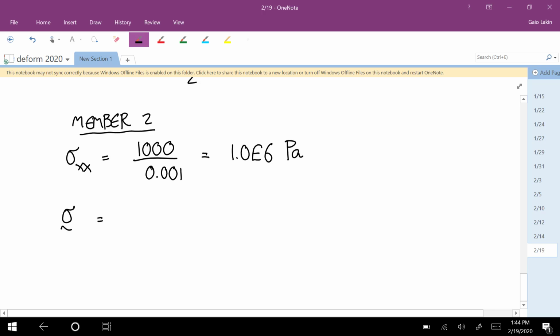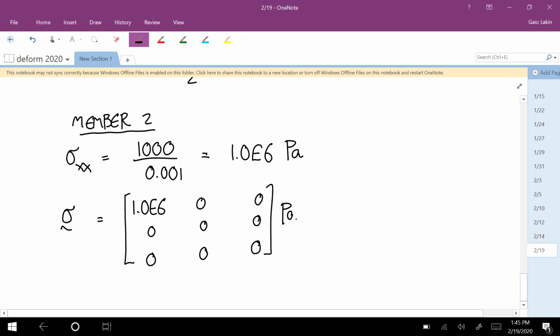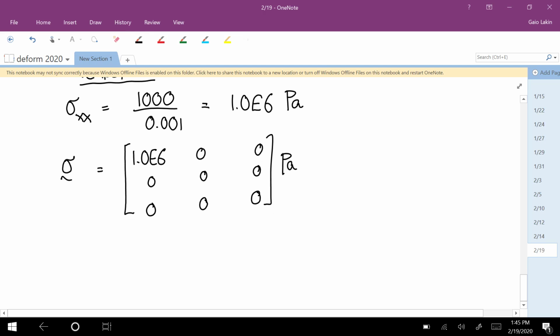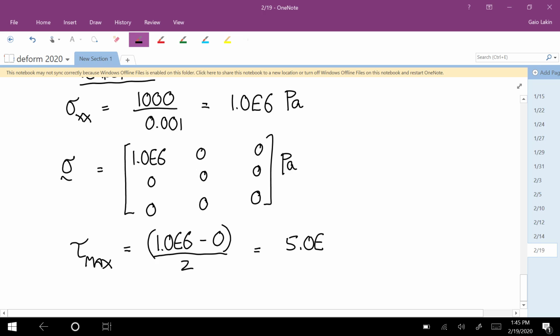And so the stress tensor is 1.0 times 10 to the 6, zeros everywhere else. And again, that's a principal stress tensor. So the maximum shear stress is the maximum principal stress minus the minimum divided by 2. So that's 5 times 10 to the 5th pascals.